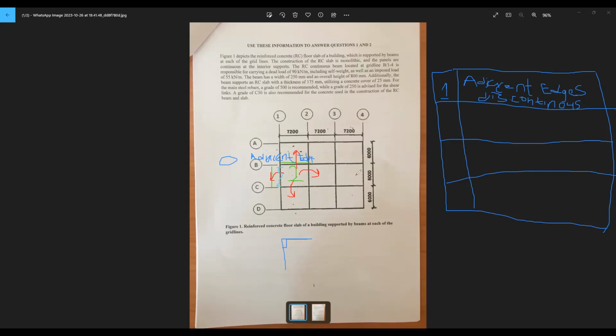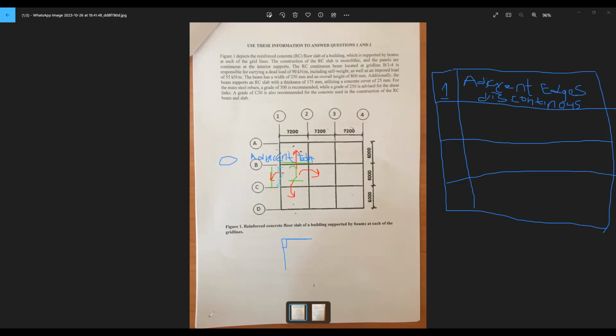Here we can identify that we have a short edge discontinuous. So we go and check. We have in our code one short edge discontinuous, and this one fits properly for that. So we have one short edge discontinuous, and that is the classification for that.